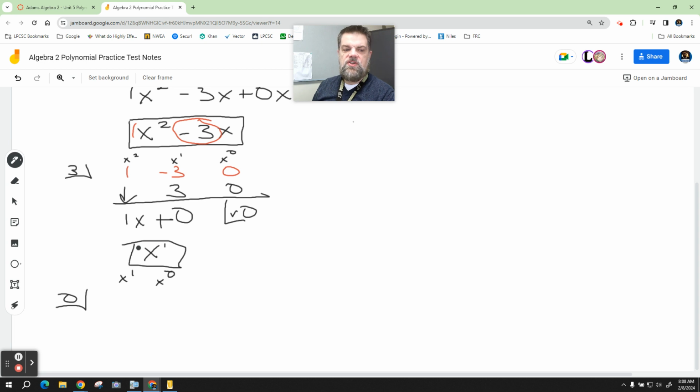The coefficient of this is 1x, right? It's the 1. So I put a 1 here and a placeholder here. Drop down the 1. This times this is 0. Add those up, I get a remainder of 0. Well, what's 1 less power of x? It's just 1, right? So the answer is just 1.